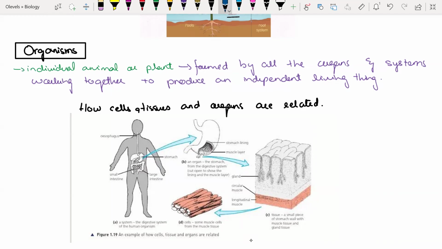If I am a living thing or an organism, you are an organism, you are an individual, that means that we are independent, right? All body functions are working perfectly fine, and to stay alive, we don't need an external system, right? We have all the systems present in our body.